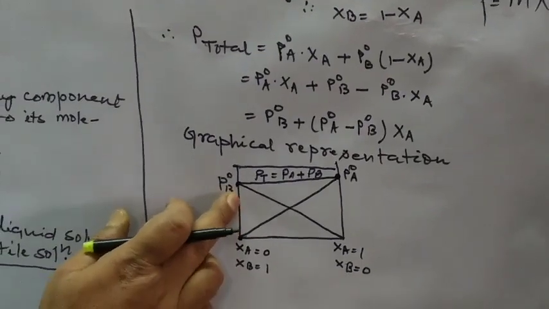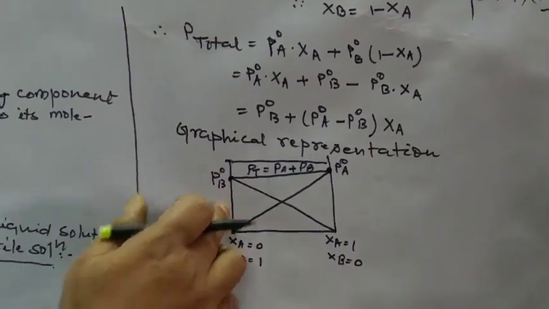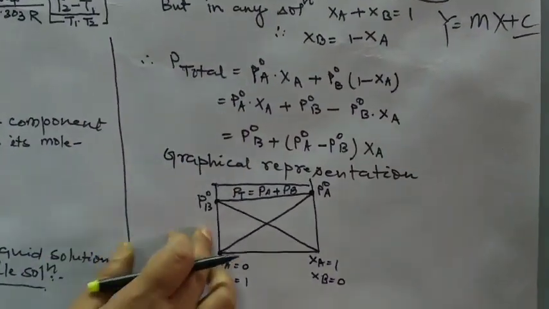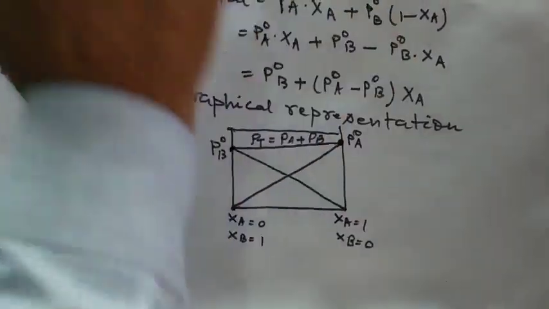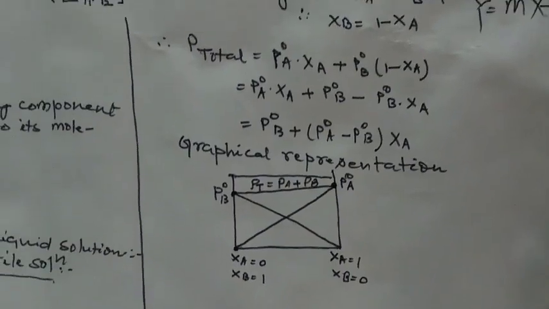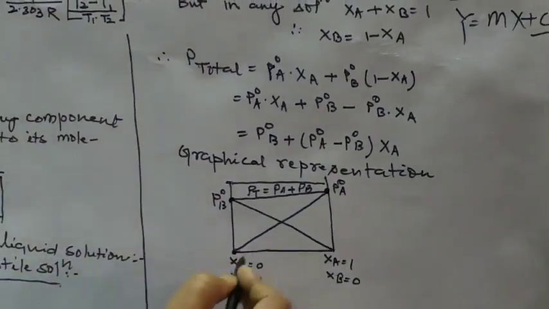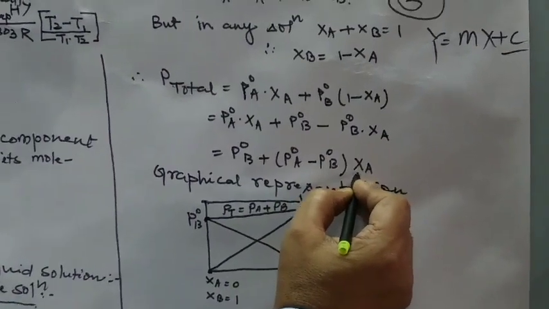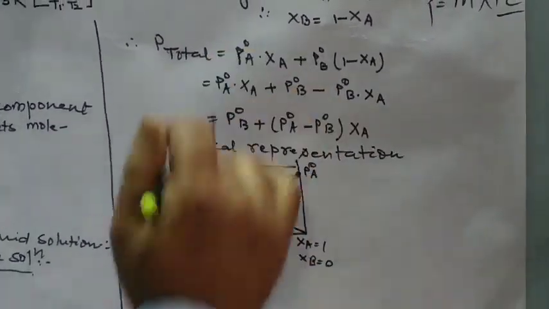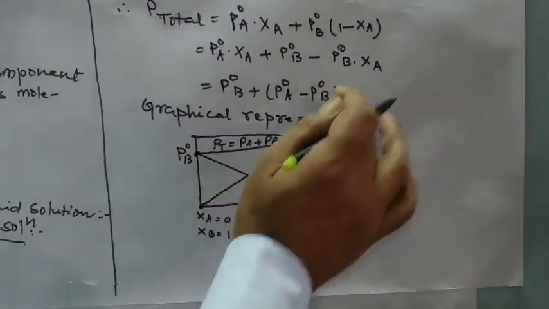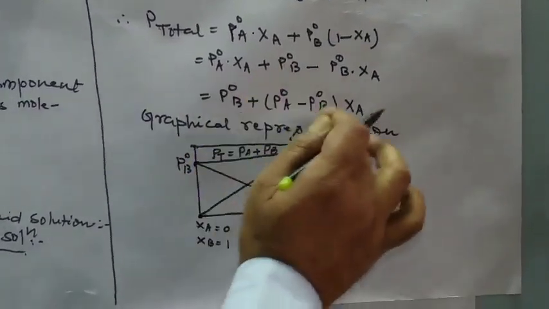This is the axis representing the vapor pressure of liquid B and A respectively. This is representing B, this is representing A. So when you keep the value of XA equals 0, the entire term will be 0.